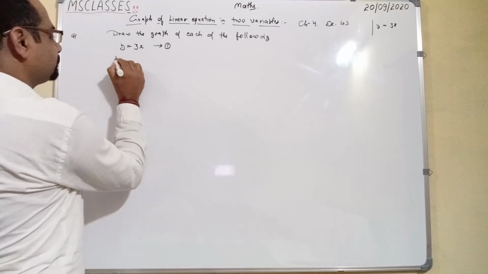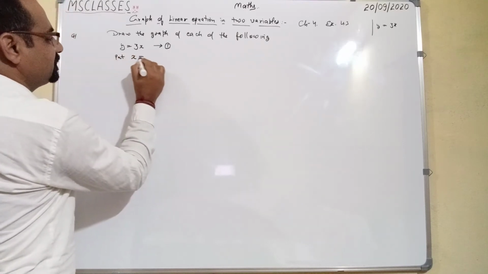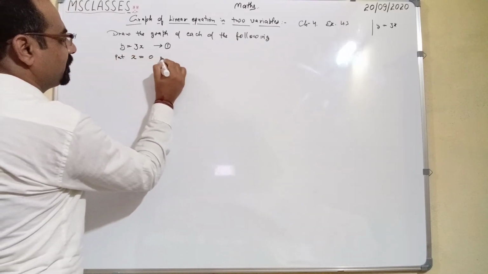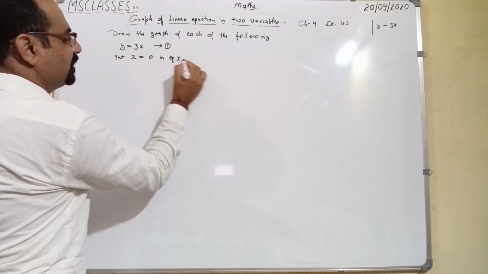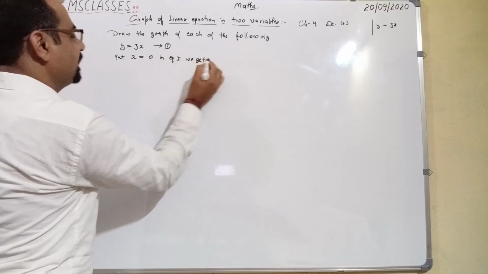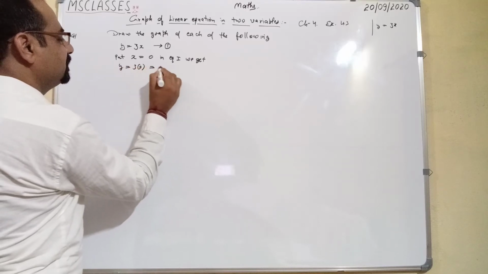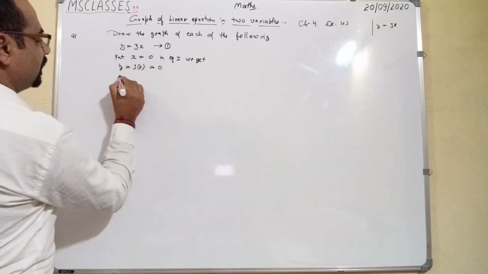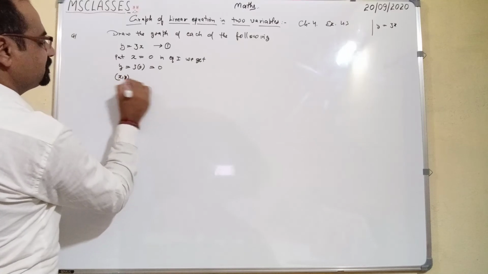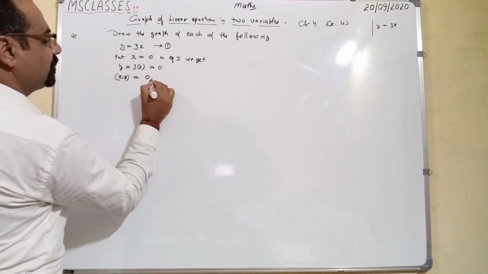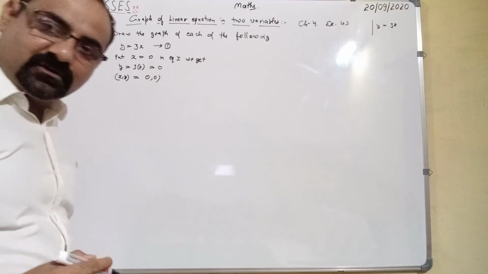Put x is equal to 0 in equation 1. We get y is equal to 3 into 0 is equal to 0. So x comma y, this is your coordinate, is 0 comma 0. This is the first coordinate.